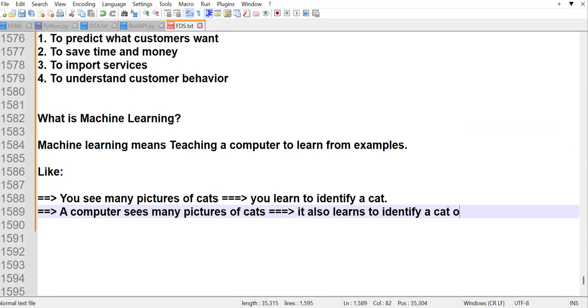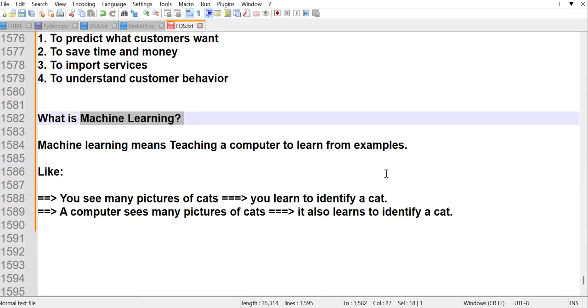So if we see so many example pictures of dogs, we will be able to identify how a dog looks. Similarly, a computer takes many pictures as data, and based on that data, it identifies that particular object. So that is what machine learning is. Machine understands with past examples.